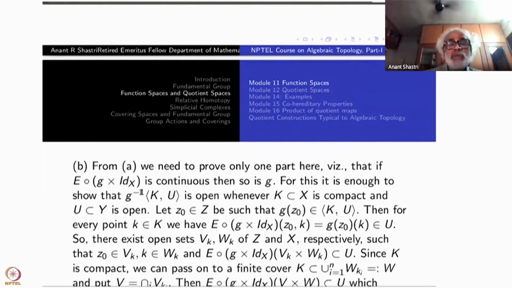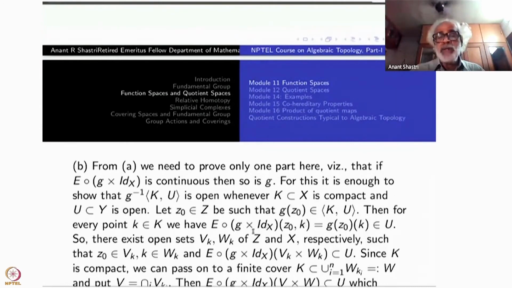So how to show G inverse of KU is open? Take a point Z0 belonging to Z such that G of Z0 is inside KU. That's the meaning of G inverse of KU, right? Z0 is in G inverse of KU means G Z0 is in KU. Then for every point inside K, we get E composite G cross identity of Z0 comma k.